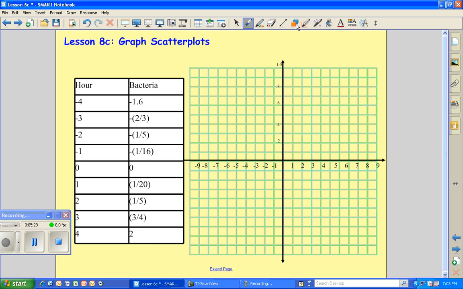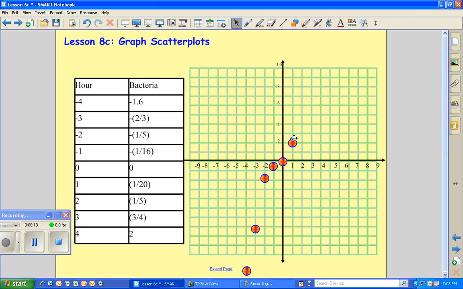All right, let's try this one. This one has some negative values associated with it. So -4, -1.6. That's going to be off the chart down here. -3, -2/3. -2, -1/5, which is -1, -1/16, 0, 0, 1/20th.